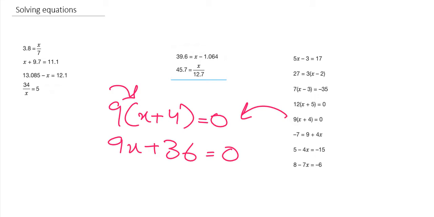Then we have to separate out the x value from this whole. So what we have to do? 9x, we have to move this 36 to the other side. You can see that over here the sign is the plus sign, and on the right side the operation will change and that will convert into negative 36.